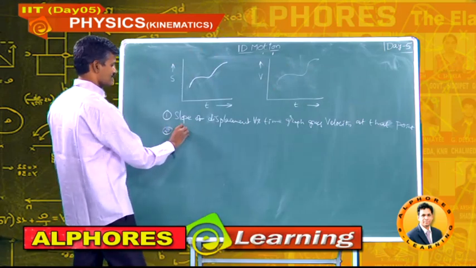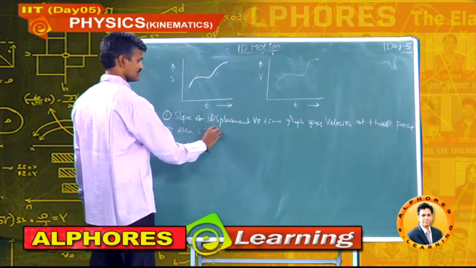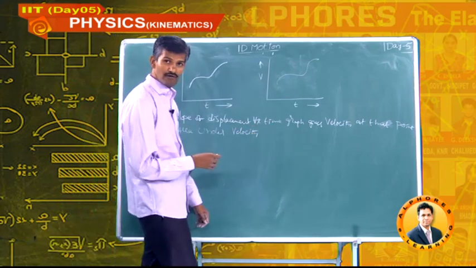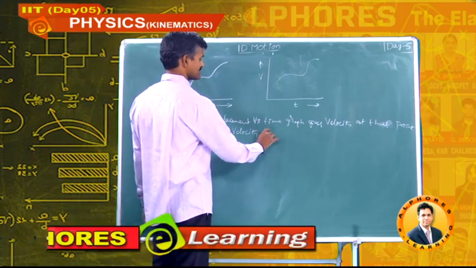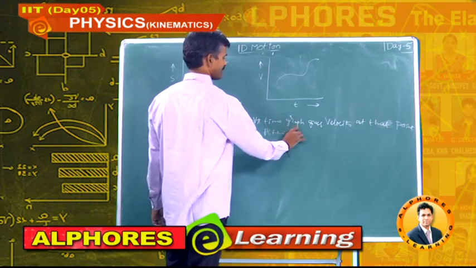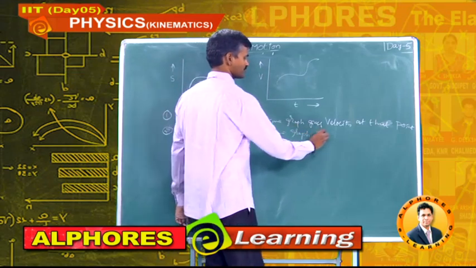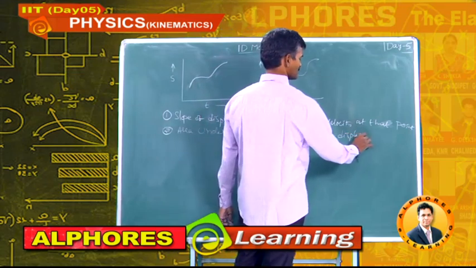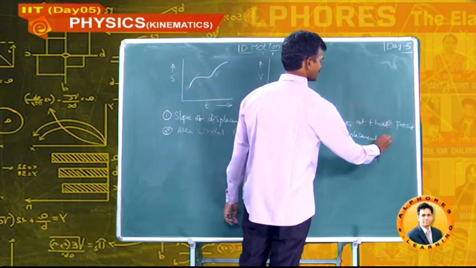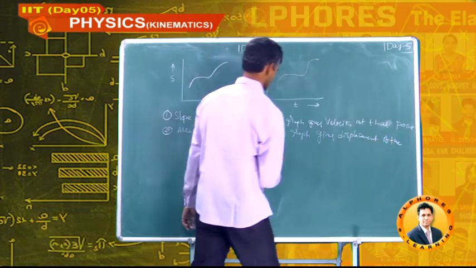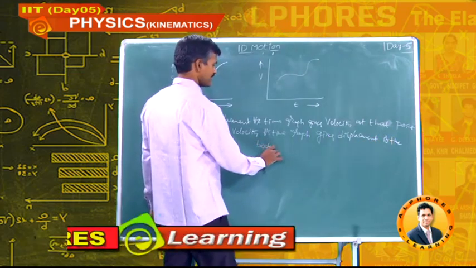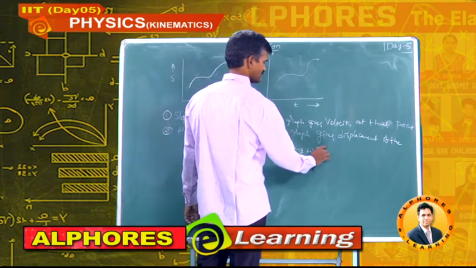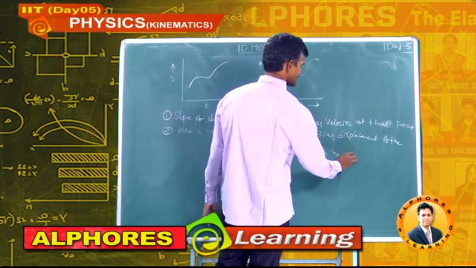Here the area under the velocity versus time graph gives the displacement of the body moving with non-uniform velocity.